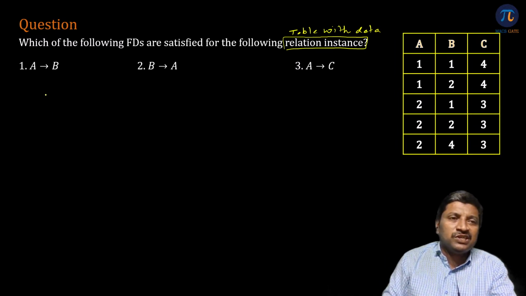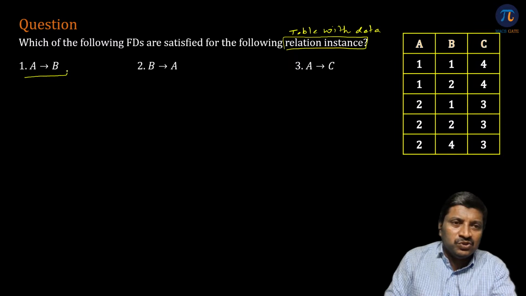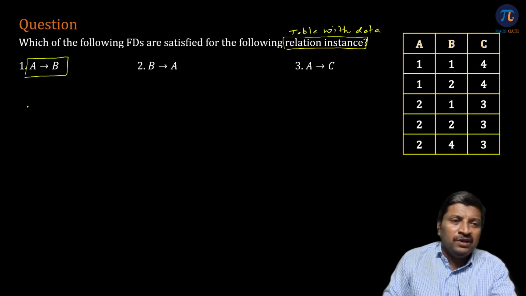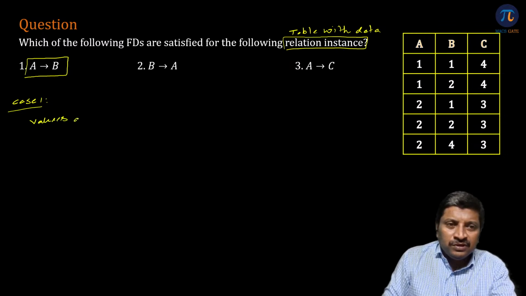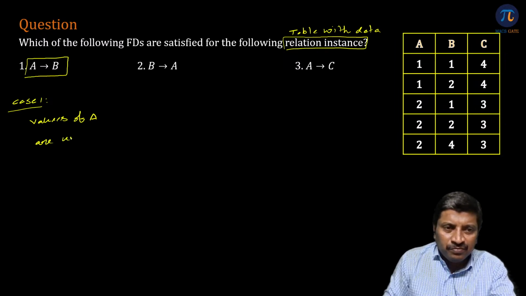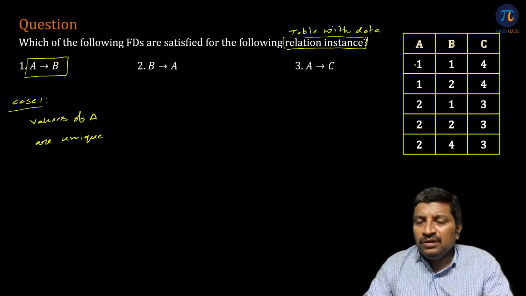Fine. So let us consider the first one, A goes to T. What is the first case, sir? I need to verify whether the values of A are unique or not. Are they unique?